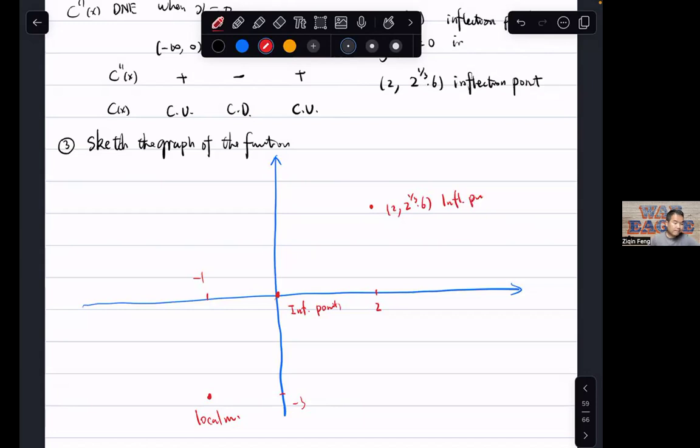And from negative infinity to -1, the function is concave up, but decreasing. Let me use black to sketch it. Then on the right side of -1, the function is always increasing, but still concave up.